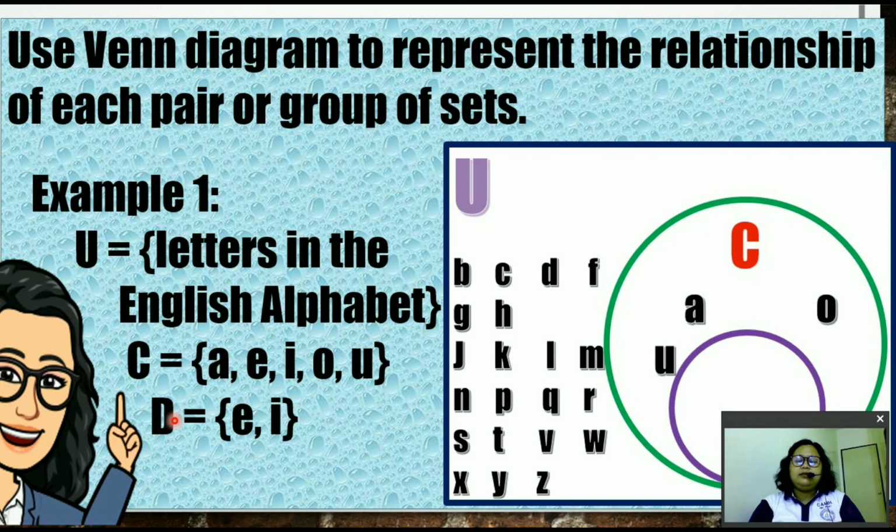Inside the circle of set C. So we name this as set D, and now you're going to write E and I. So that should be your Venn diagram for example number 1.